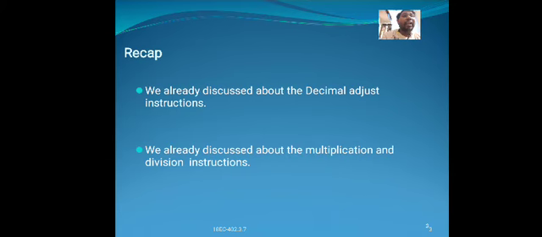Now I am going to explain the logical instructions in the 8051 microcontroller.